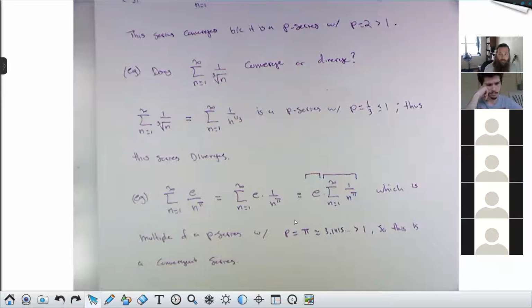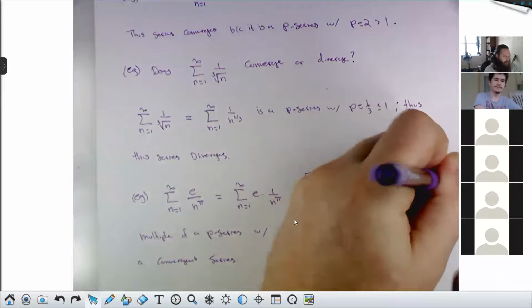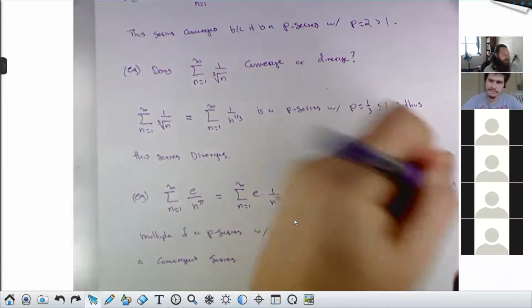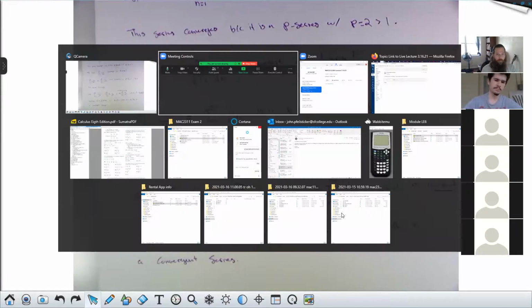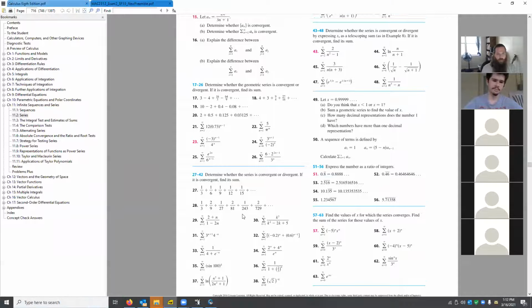Will it change whether it's convergent or divergent? Not as long as the multiple is constant, right? And that's why it's a subtle thing. If we want to be really careful here, I should say constant multiple of a p series. Because if this wasn't a constant, it couldn't come out. And if this was a non-constant thing multiplying my series, and that non-constant thing were to behave badly, then maybe it could change things. But no, a multiple of a convergent series is convergent. This was actually part of a theorem we discussed two Thursdays ago.